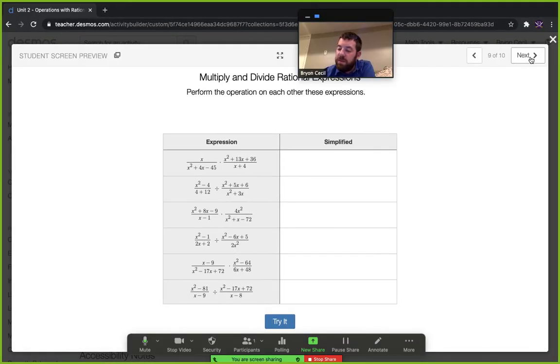Let's look at the next one. So we have x squared plus 8x minus 9 over x minus 1 times 4x squared over x squared plus x minus 72. And then the next one is division again. And hey guys, to save space and to save time, remember we're going to flip the second one.